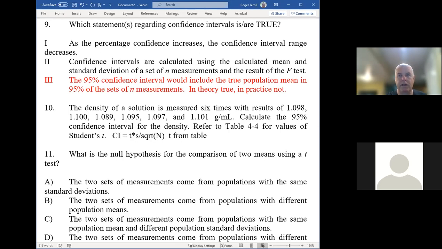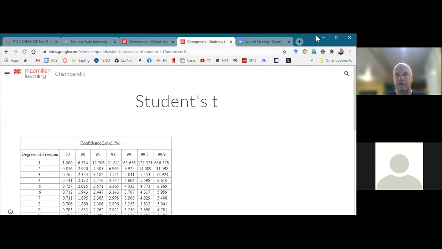Which t would we use here? Well, we've got 1, 2, 3, 4, 5, 6 measurements, and we're using 95% confidence. Let's go to the student's t table.